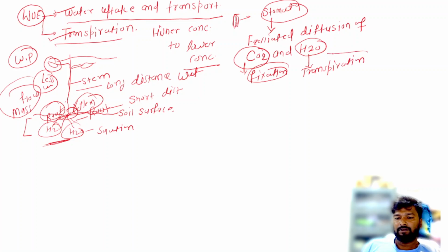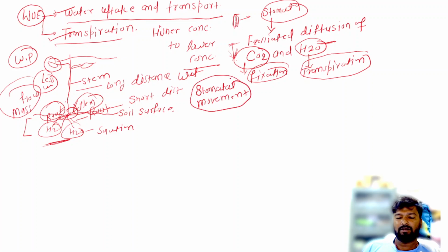Okay, so they are the pores for the entering of CO2 and the exit or transpiration of H2O. So the stomatal movement is crucial for both photosynthesis and transpiration. Okay.